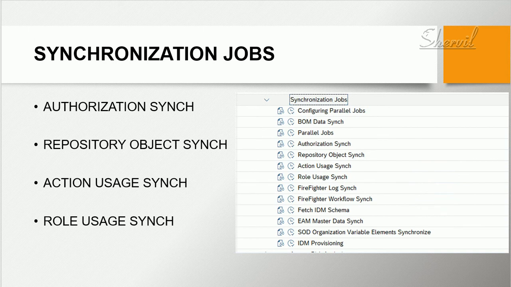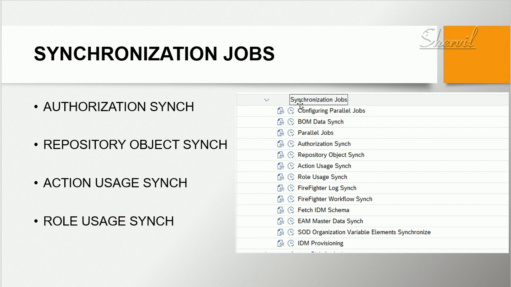And once this is done, another big aspect that you need to keep in mind is to schedule some of these 4 jobs, and usually they're all done because of the ARA module, Access Risk Analysis module. These 4 jobs have to be scheduled in the background or need to be run. Assume that you know what these jobs do.